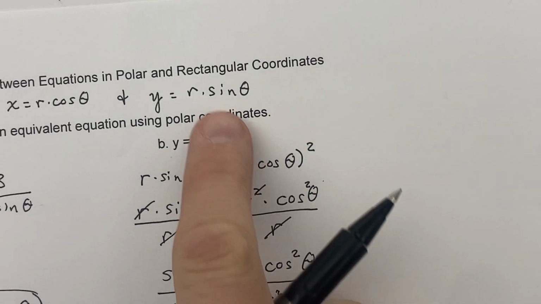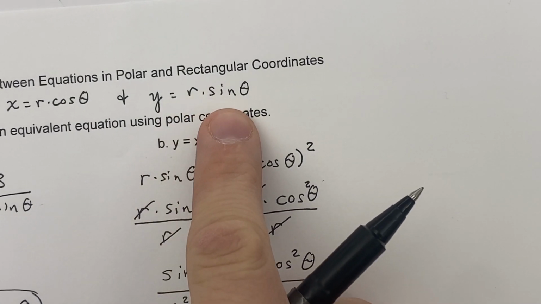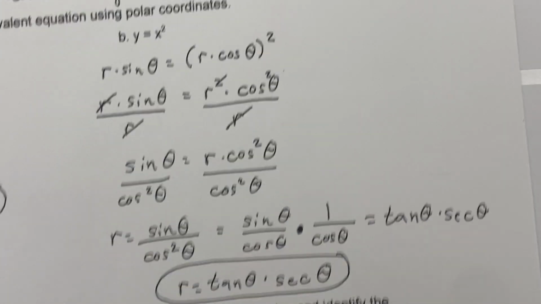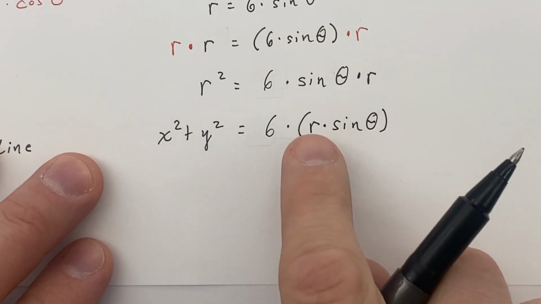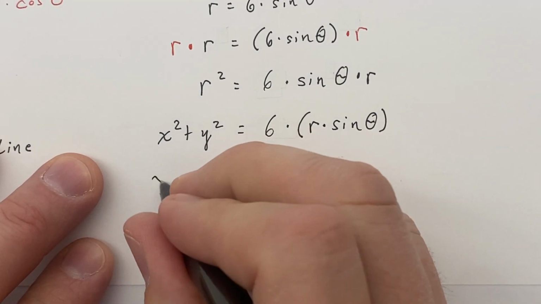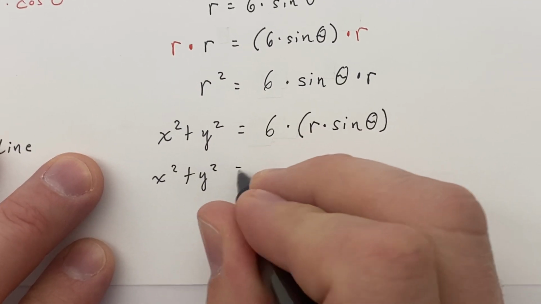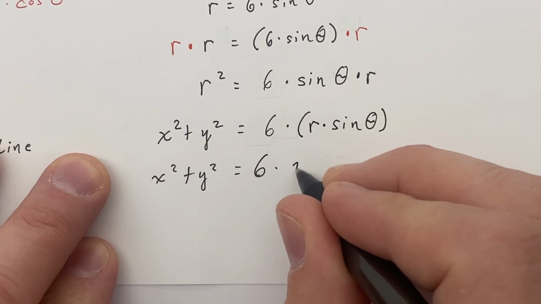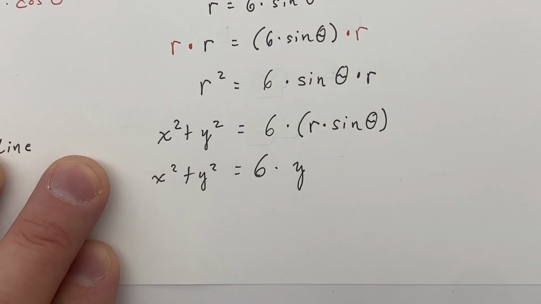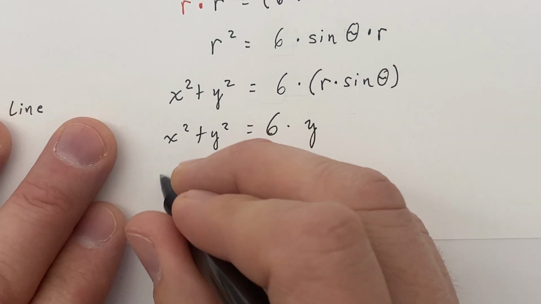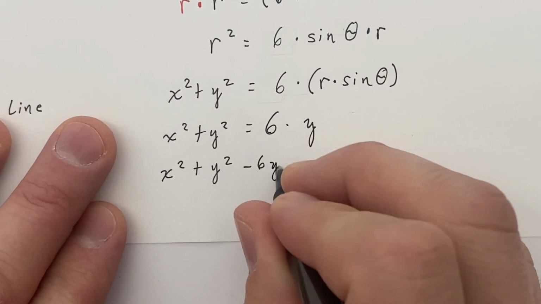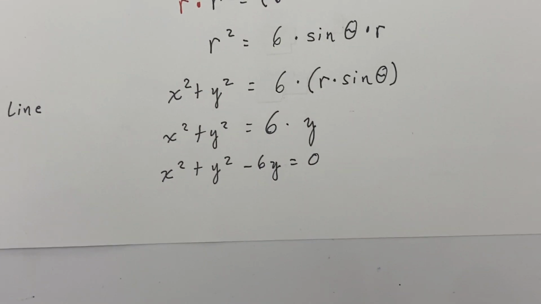I had sine, so if I can get an r times sine of theta to appear, then I can replace it with a y. And that's what we have here, r times sine of theta. It's just y, so 6 times y. I'm going to subtract that to set it equal to 0.